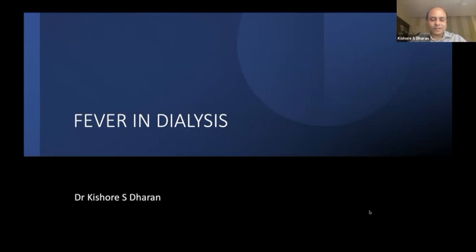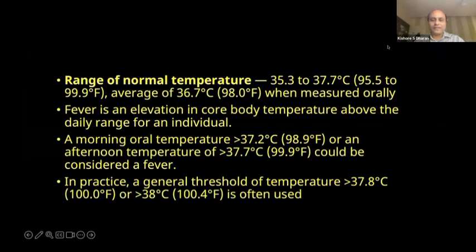But now the COVID fear is over. We hardly ever consider COVID significant in our patients. So with this background, how will you define fever? What is the range of normal temperature? The normal temperature is considered 34.3 to 37.7 degrees Celsius, or 95.5 to 99.9 degrees Fahrenheit, an average of 36.7 when measured orally.